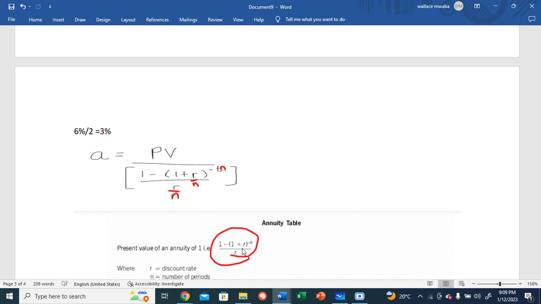You always have to divide the interest rate by the number of times it's been compounded, and then multiply the years or the number of periods by the number of times the interest is being compounded.